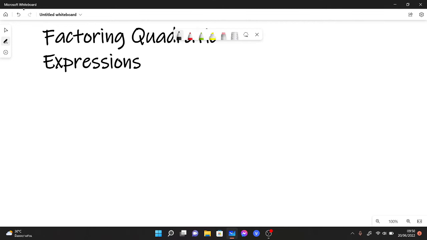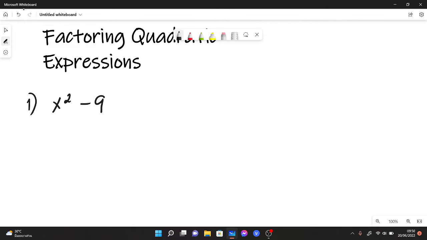Now, let me give some examples. For example, we have x squared minus 9. We call this a quadratic expression also because the highest degree, or the highest exponent, is 2.